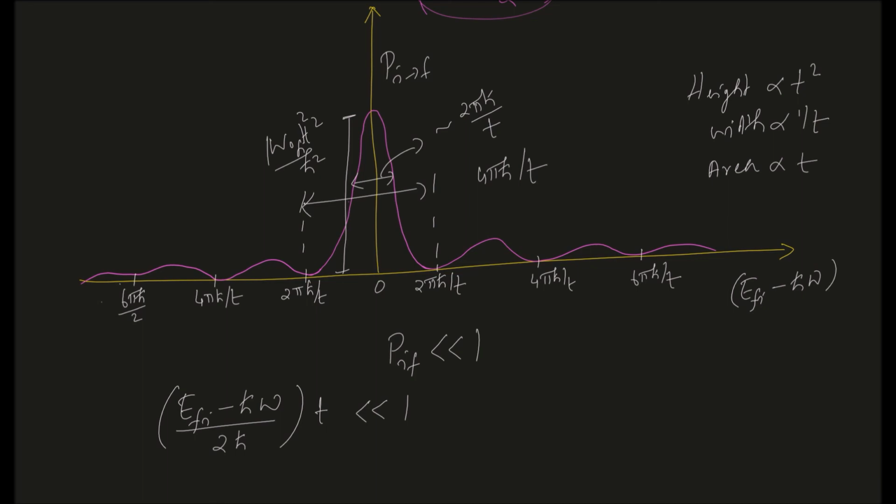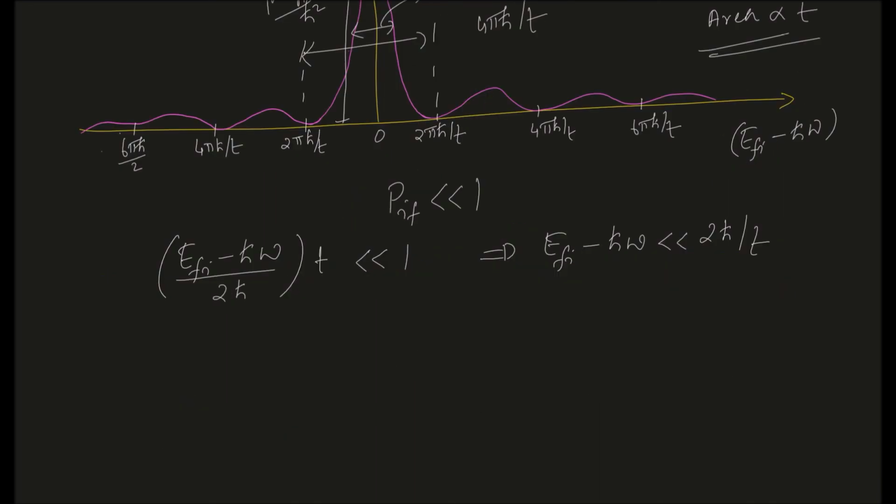So as long as this condition is satisfied, we will be having a finite probability. So it tells you that E_f - E_i - ħω is far less than 2ħ by t.